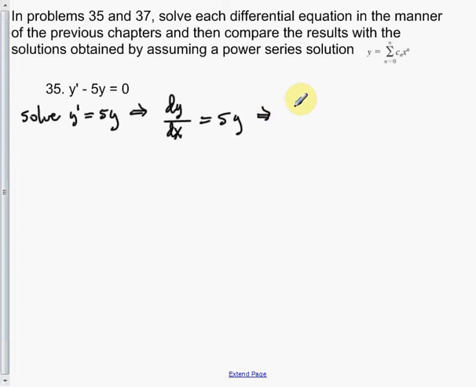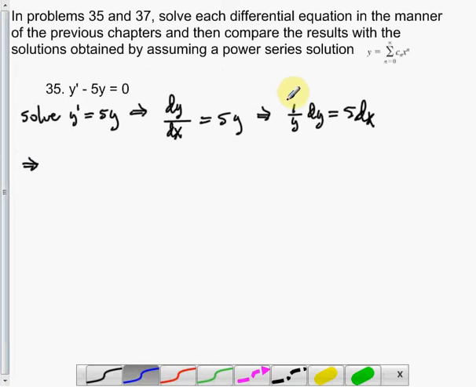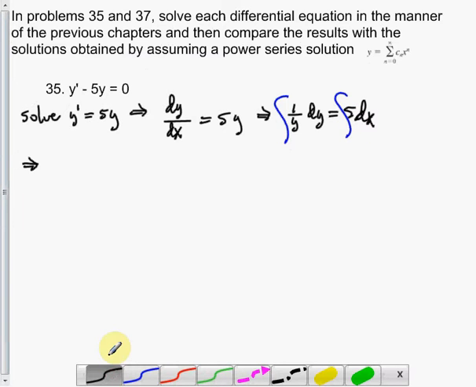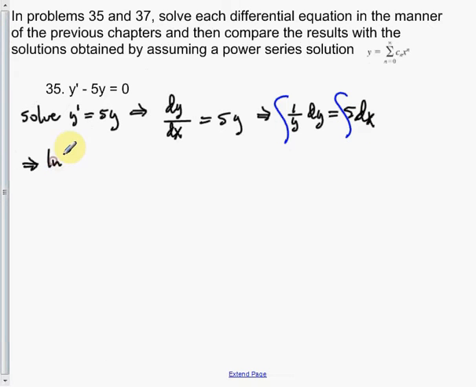So this implies that 1 over y times dy is equal to 5 dx. Integrate both sides. And so we have the natural log of the absolute value of y is equal to 5x plus some constant.